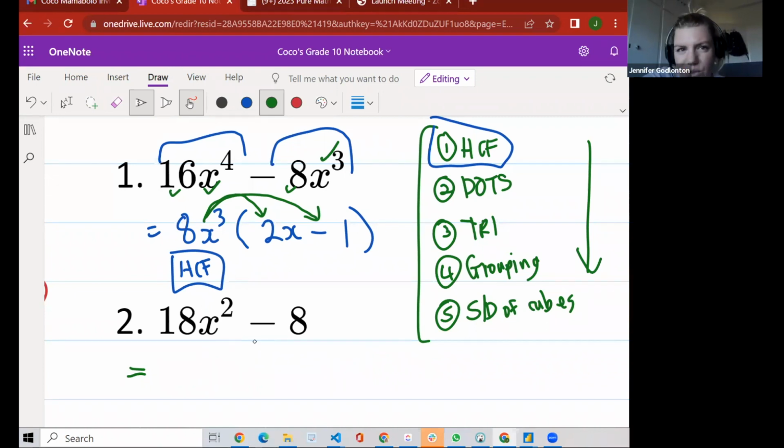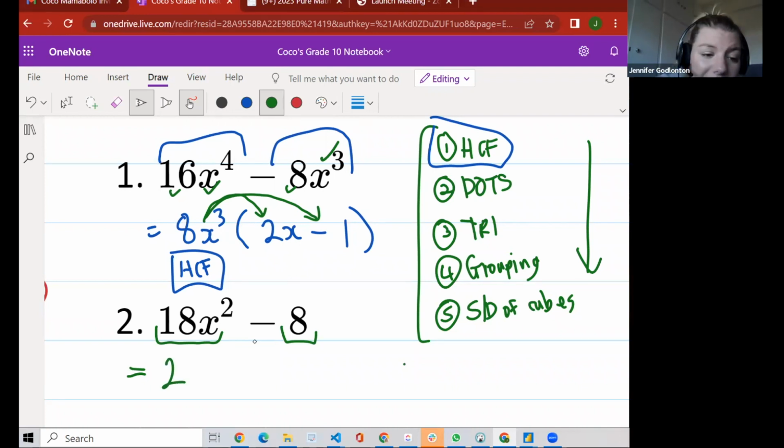Let's talk about this one. If we have a look at this question over here, we've got 18x squared, and then we've got an 8. If I'm trying to find something common in these two terms, I'm trying to find a number that can go into 18 and a number that can go into 8. The only number that can go into both of those is 2.